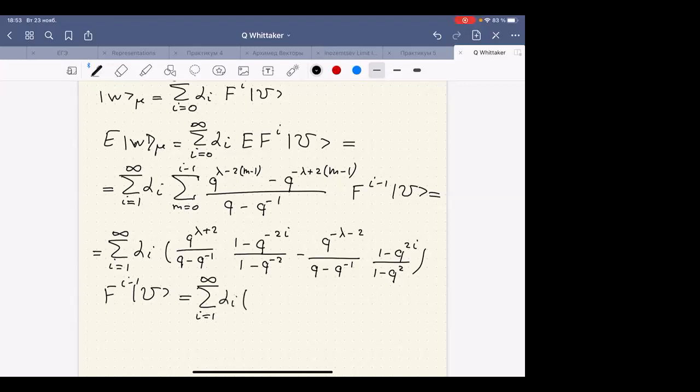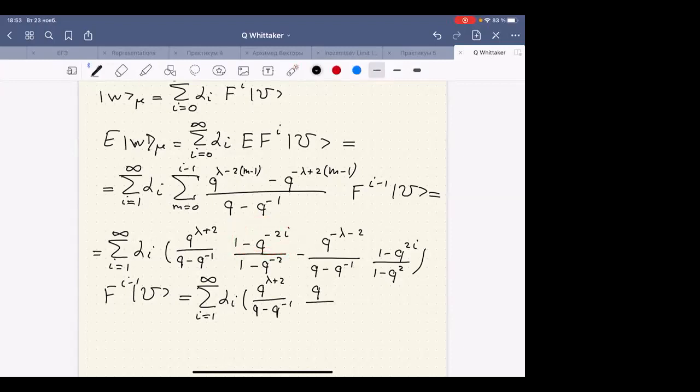Right, let me do it in the following sense. And plus i, probably. Plus lambda plus 2 plus i will be better. Yes, I know. No, I want to multiply this by q^i.